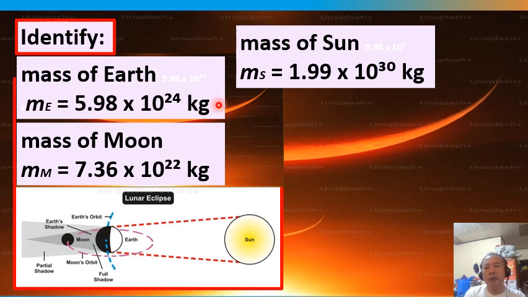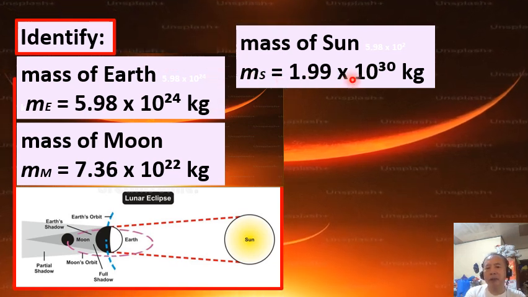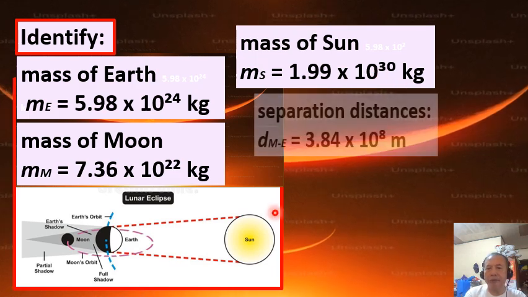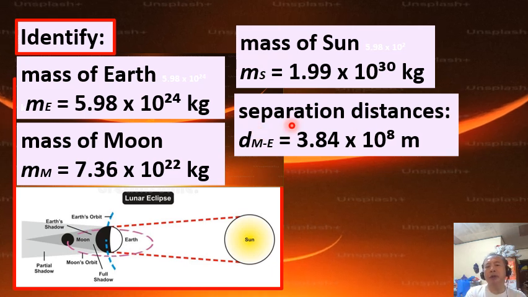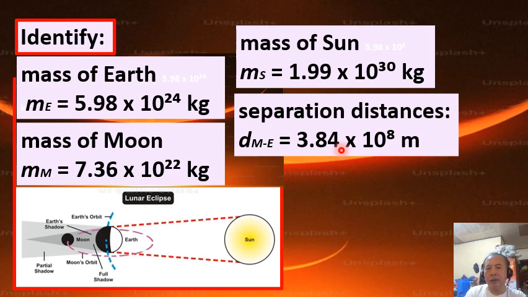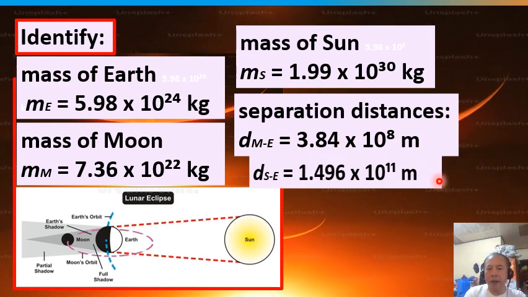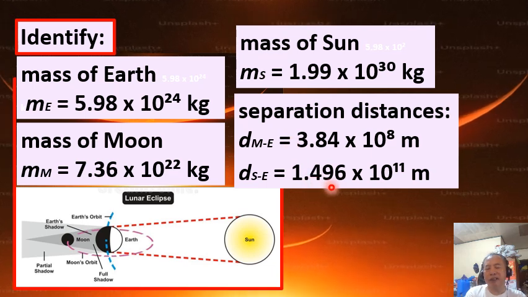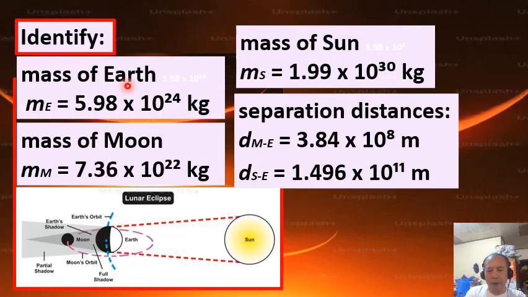And the mass of the sun, m sub s, equals 1.99 times 10 to the 30th power kilogram. And we are also given the center-to-center separation distances. Between the moon and the earth, it is 3.84 times 10 to the 8th power meter. And between the sun and the earth, it is 1.496 times 10 to the 11th power meter.